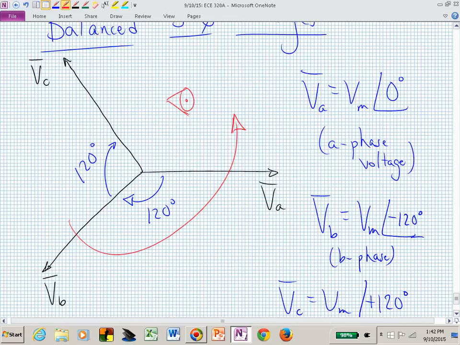So these guys are spinning, but we usually just take a strobe-like picture, and A is now at 0. And when A is at 0, B is at minus 120, and C is at plus 120. That's the picture we're drawing. They're rotating, though, in a counterclockwise rotation. And which phase do you see first if you're standing right there watching?